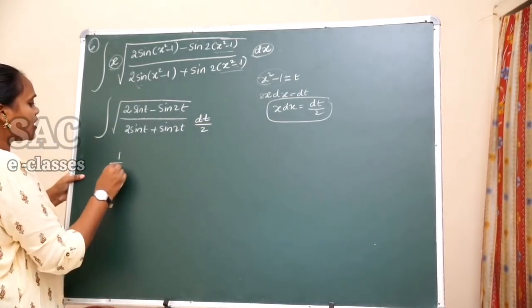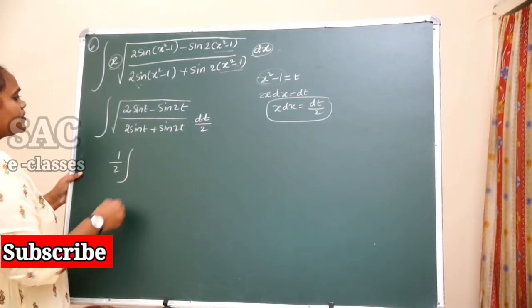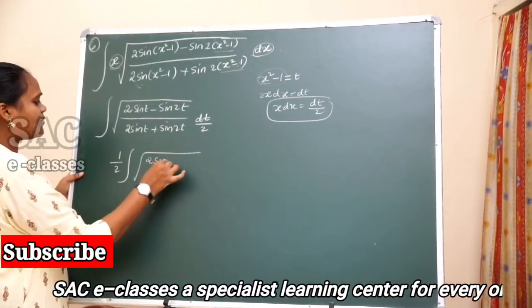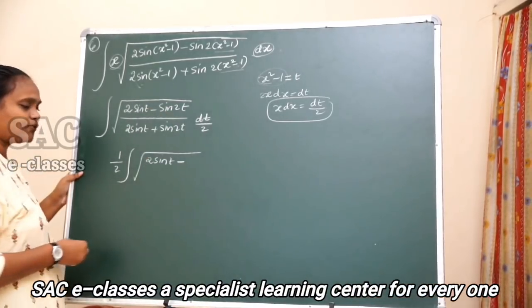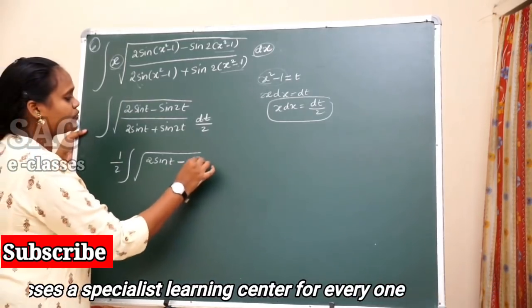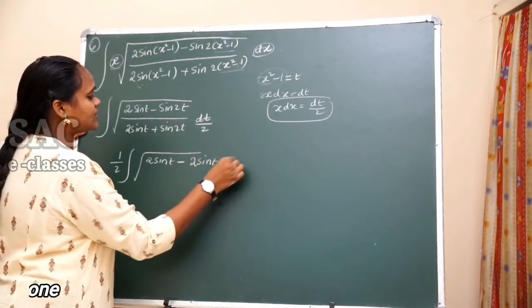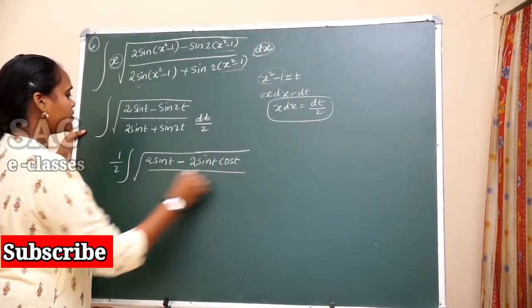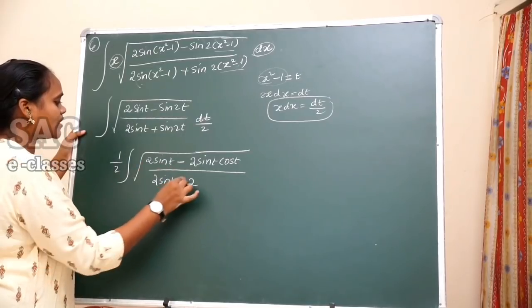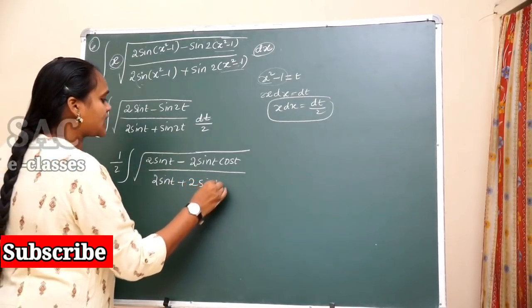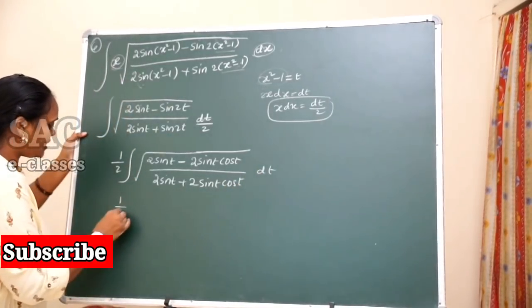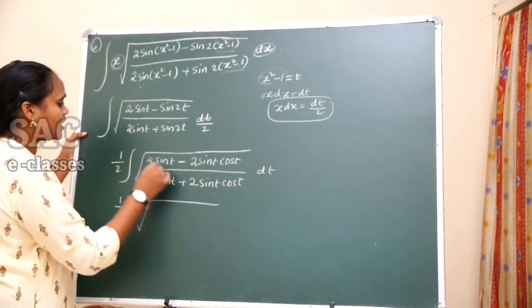So write it as 1 by 2 into, by observing this one, can I write sine 2 theta formula? Do you know what sine 2 theta is? 2 sine t cos t. So 2 sine t minus 2 sine t cos t, whole by 2 sine t plus 2 sine t cos t, dt. Clearly, I hope you have understood now.